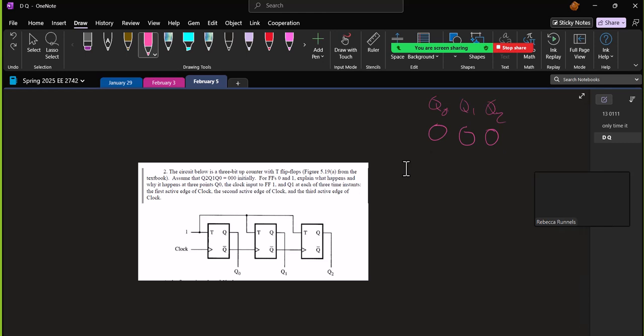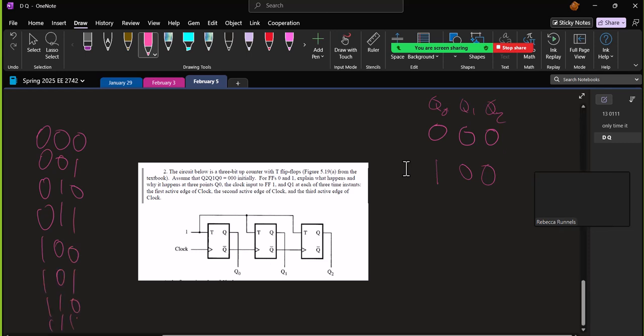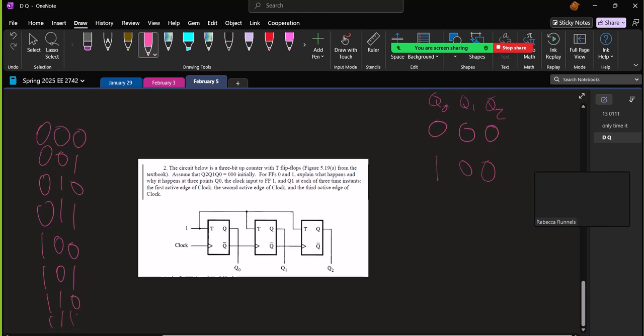see how these are backwards? I'm used to, when I count up, having 0, 0, 1, 0, 1, 0, 0, 1, 1, 1, 0, 0, 1, 0, 1, 1, 1, 0, 1, 1, 1, and then you'd be back to 0, 0, 0.